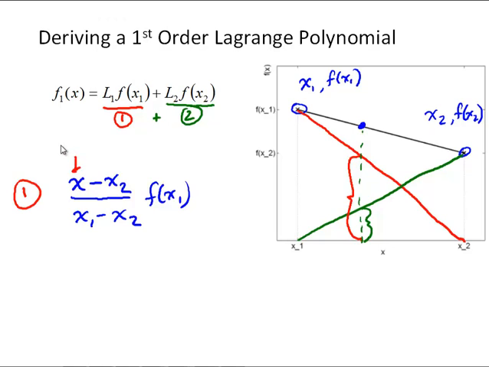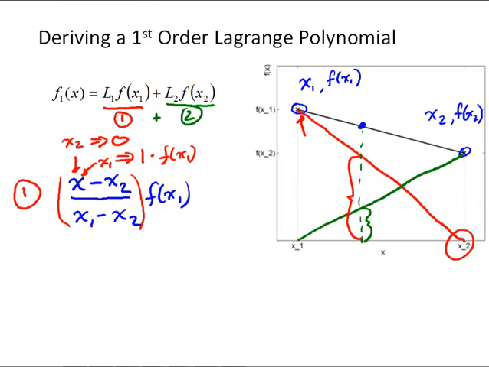If we plug in x2 there, then the whole thing goes to 0, and that's what we want. We want that to be equal to 0 at x2. If we plug in an x1, then this first weighting coefficient is going to go to 1, and then we have 1 times f of x1, and it's equal to f of x1 at x equals x1.